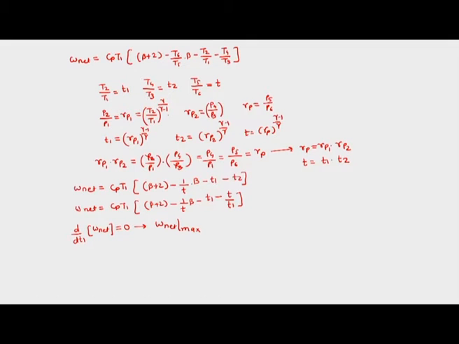So here again we have 4 terms, but in those 4 terms we have this term as constant and this term also as constant. So we need to differentiate only for 2 terms. Differentiation of this term will give us minus 1, minus, this will give us plus T upon T1 square is equal to 0.